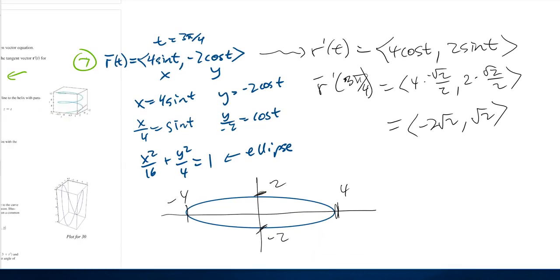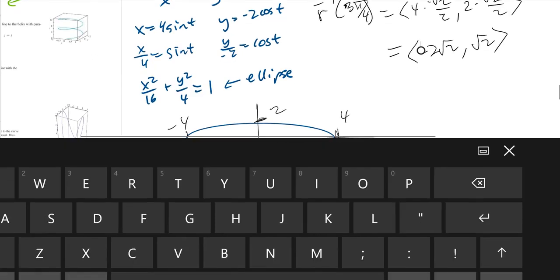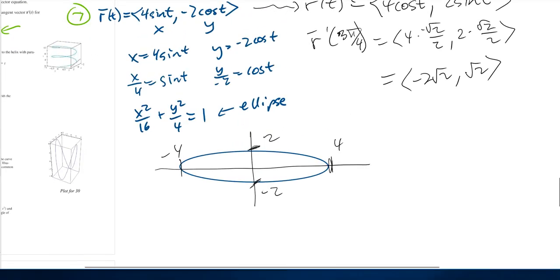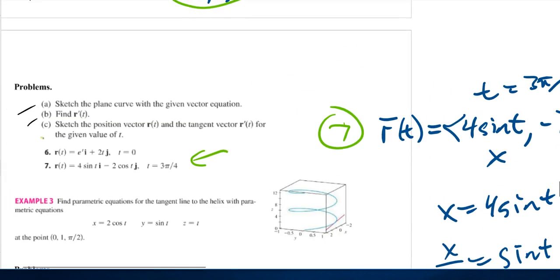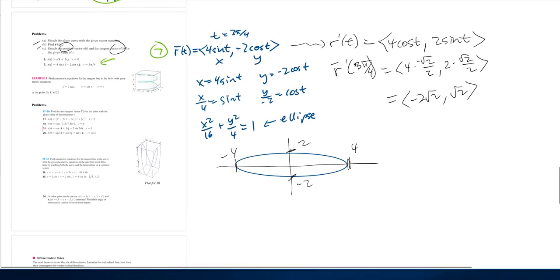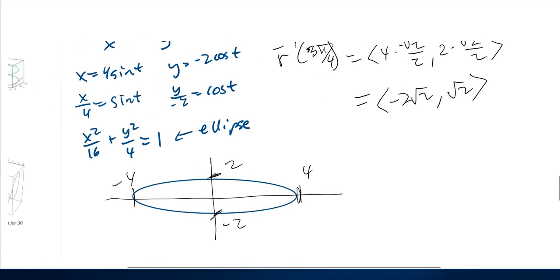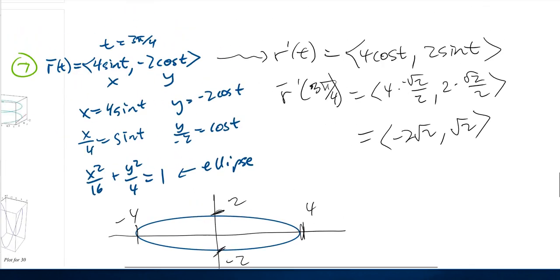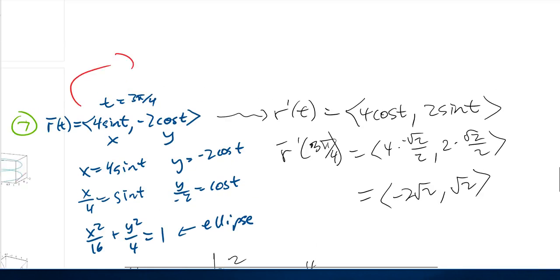So now r of 3 pi over 4, let's find out what that is, because they're asking us to sketch the position vector and the tangent vector. Okay, so r of 3 pi over 4, let's draw that in red. Let's see, where's r? Here's r.